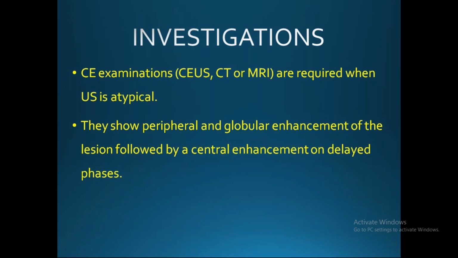The advantages of CT and MRI and the advantages of ultrasonography are different. With ultrasonography, you can also do color Doppler, so you can trace out the feeding vessel of the hemangioma and the vascularity present within. In that way, ultrasound has an advantage.